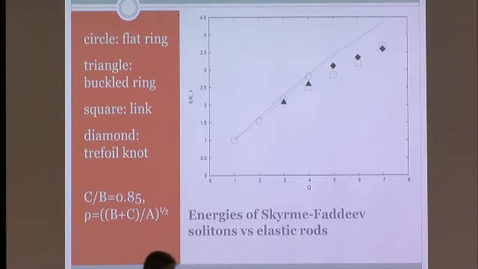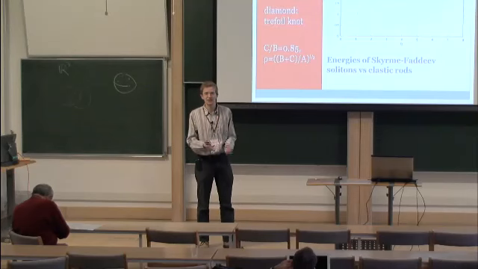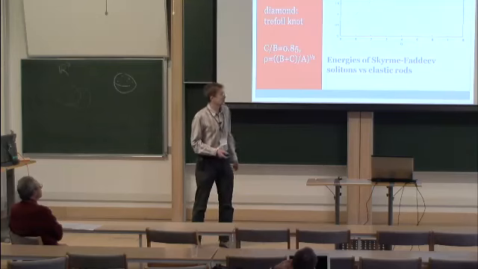So now this graph is just comparing the spectrum of elastic rods with the spectrum of solitons in the field theory, and the different shaped dots correspond to different configurations, to knots, links, and unknots, and so on.